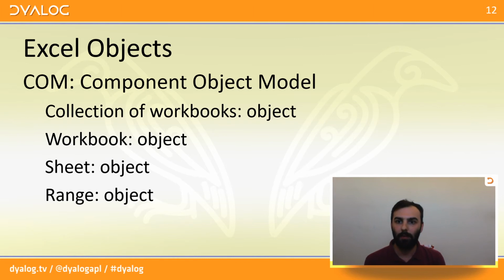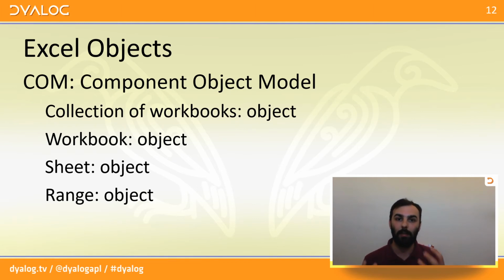Excel operates in the component object model, which is a way of exposing all the methods, objects, items and properties in Excel in an object-oriented framework which other applications can access, including Dyalog APL.